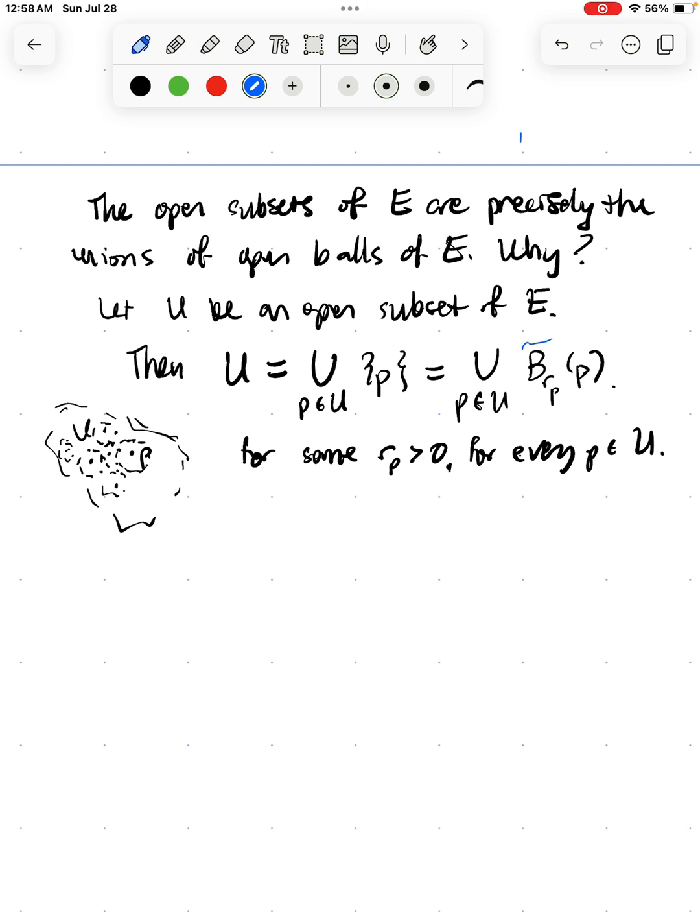Because each p in U has some neighborhood that's completely contained in U. So the union over all p must also be contained in U. On the other hand, if you take an element p in U, then p is obviously contained in this union. So therefore, U is equal to this union of open balls of E.